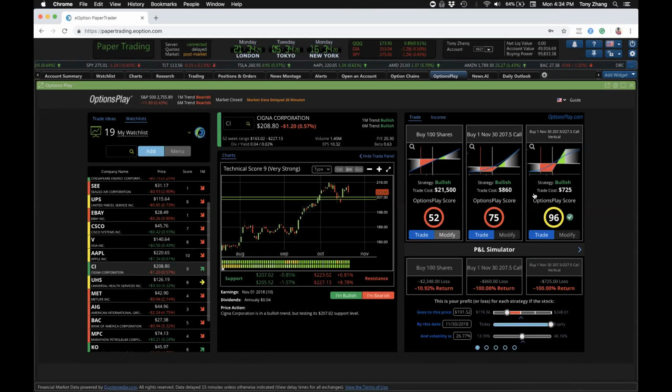And that's why this strategy here on the right has the highest OptionsPlay score, because not only do you have the highest return when you're correct on a trade, but you actually lose the least amount of money when you're wrong on this trade. And being successful in trading is really about minimizing risk. The more you can minimize your risk, the more likely you are going to be successful in the long run with trading.